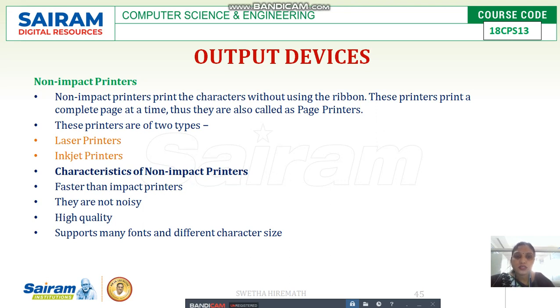They are not noisy, because here we are not going to use any ribbon or any hammer in order to print the characters. The quality which we obtain after printing is of high quality when compared with the impact printers. The last one is that they support many fonts and different character sizes, which was not possible in impact printers.